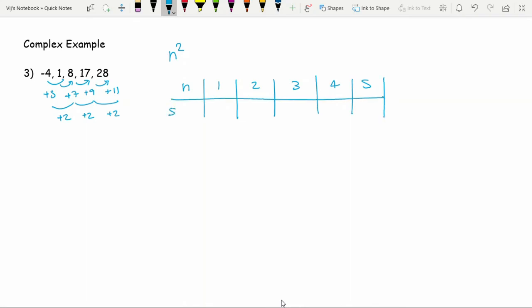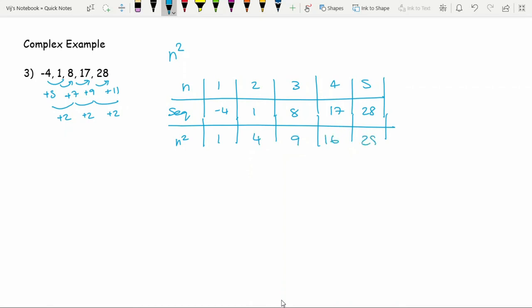I've got the numbers in the sequence, which are -4, 1, 8, 17, and 28. And as n squared is in the formula, I know that for a fact, I then need to find the values of n squared as well first. I've got 1, 4, 9, 16, and 25.